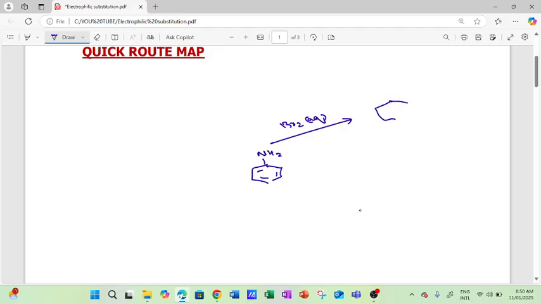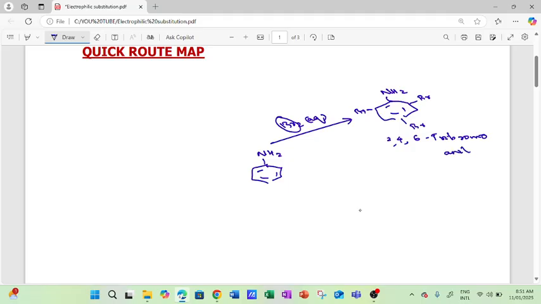So aniline undergoes a reaction with bromine in aqueous medium. The electrophile is Br plus, which gets attached to all three positions, 2, 4, 6, both the ortho positions and the para position. This is 2, 4, 6 tribromoaniline.